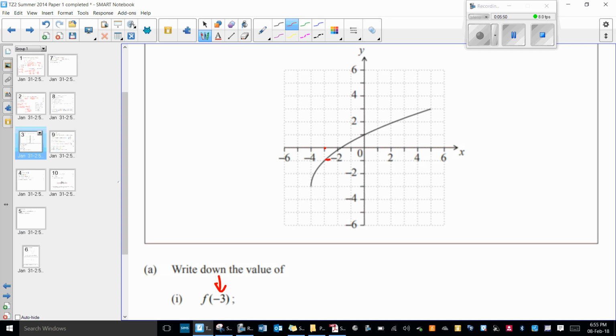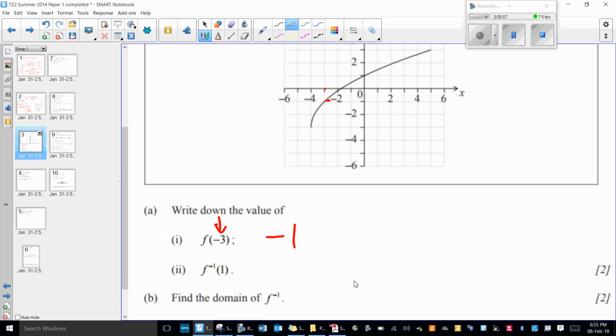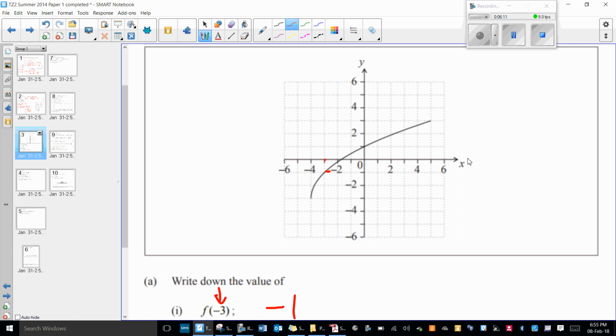Find f minus 1 of 1. This is where you need to remember that the inverse function is a reflection of the original in the line y equals x. So let's draw the line y equals x. I'm hoping you would have a ruler in your exam.